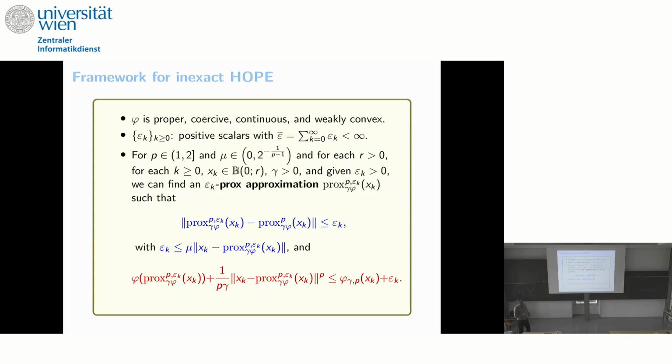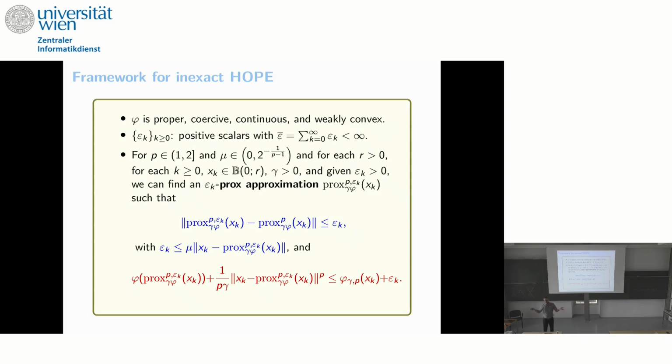Now, let's have a look at the assumptions I need to make for the algorithm. The first thing you will ask me is, okay, you have a power P. Do you have any solver or any calculus to make sure that a prox exists at all? To be honest, I could only construct toy examples. In a practical example, I wasn't able to show that a prox is computable in closed form.